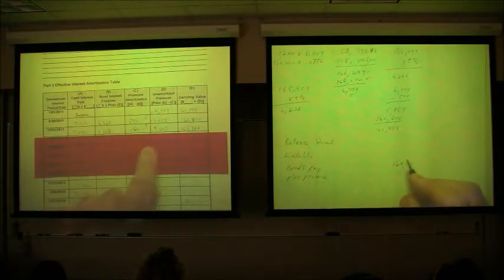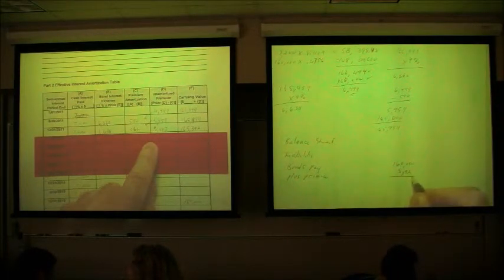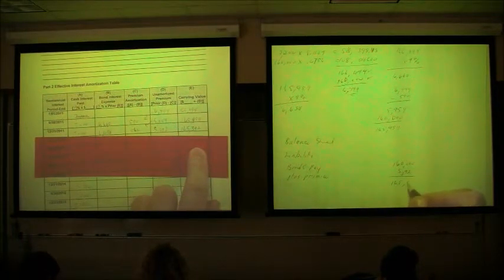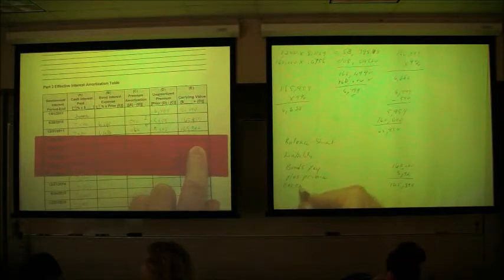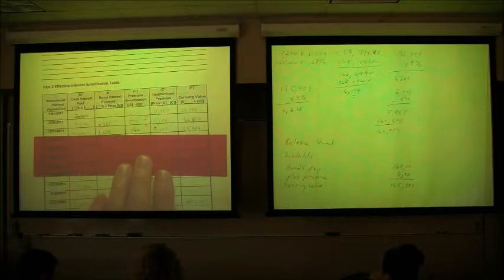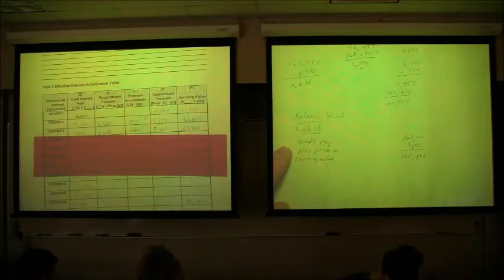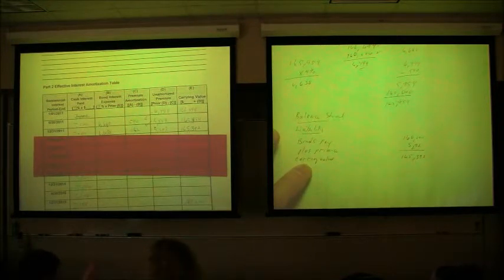In this case, it'll be 5,392. Add those together, it comes to 165,392, and that's the carrying value. And that's the real value of the bond at that point in time. You have bonds payable, 160,000 is what you actually owe on the bond. You have a premium, and that's the carrying value.